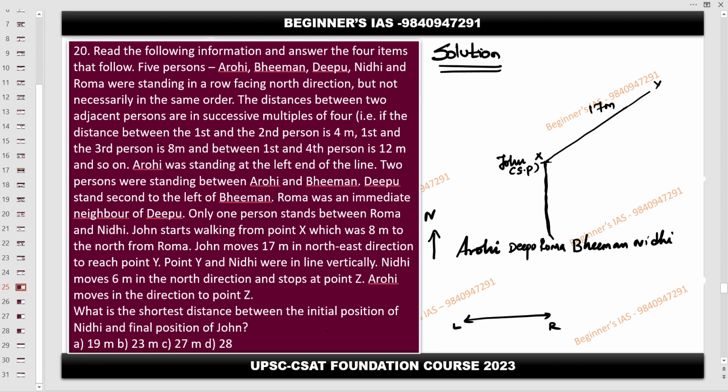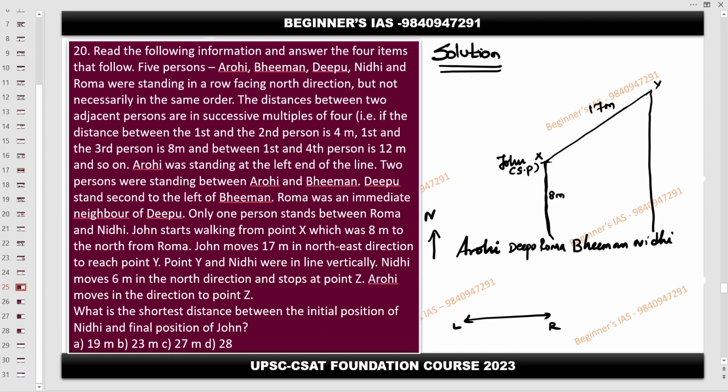Now the thing is very important. Point Y and Niti are in a straight vertical. So this is the point. Actually this is a total of 8 meters. Niti moves 6 meters in the north direction. Niti's 6 meters is less than this one.